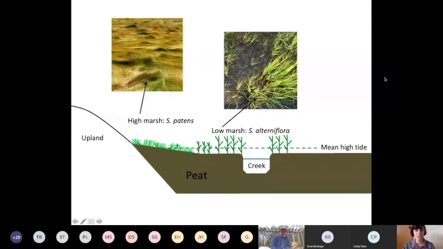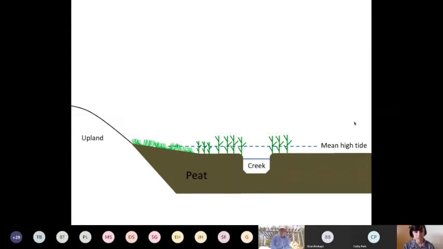But the thing that I really want to show you here is what I think is the defining process of a salt marsh, and that is this remarkable ability for a marsh to maintain equilibrium with the mean high tide line. What do I mean by that? Well, for the past several thousands of years, sea level has been rising by something like 1.5 millimeters per year.